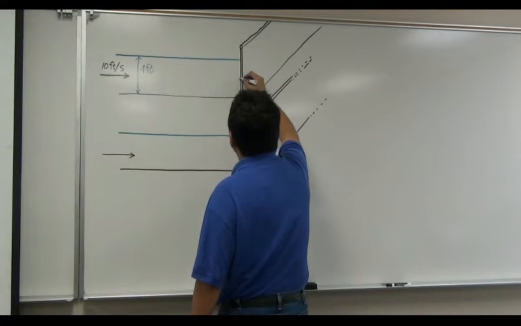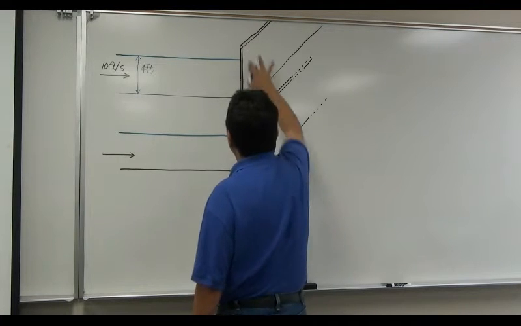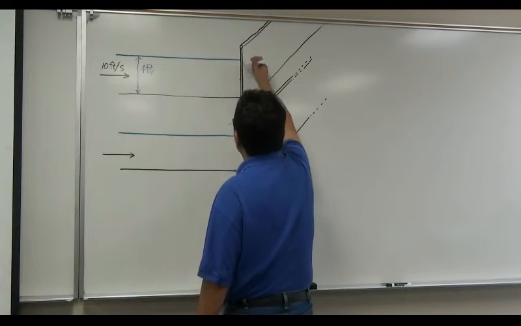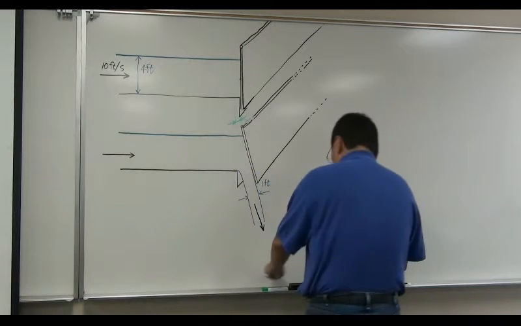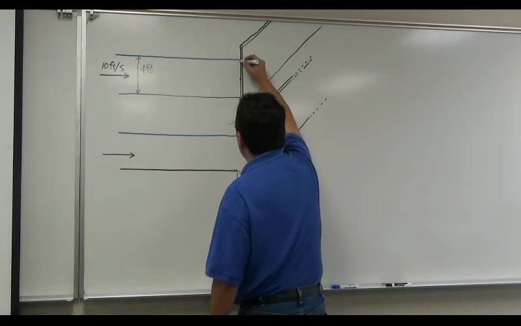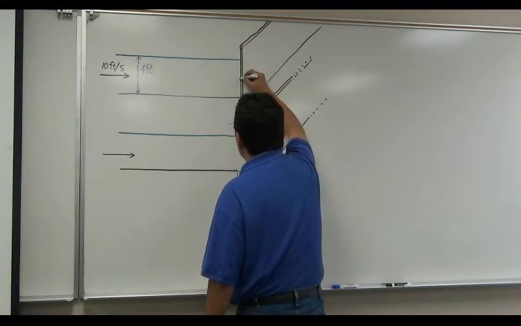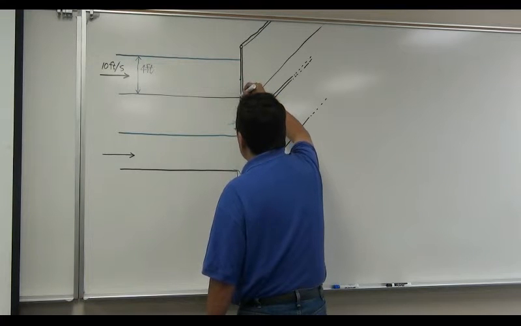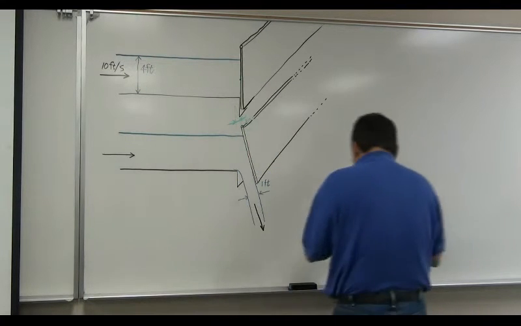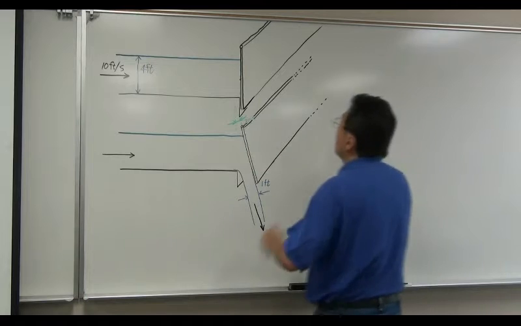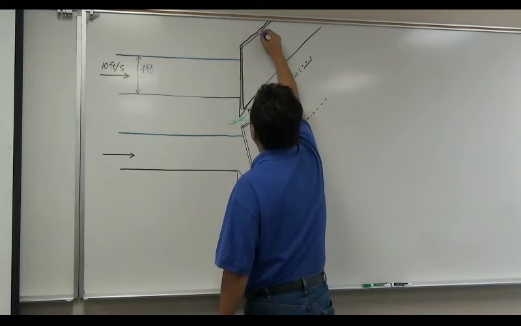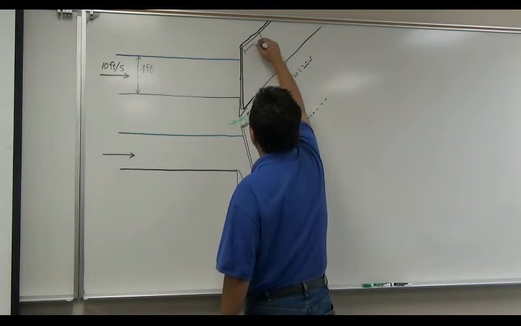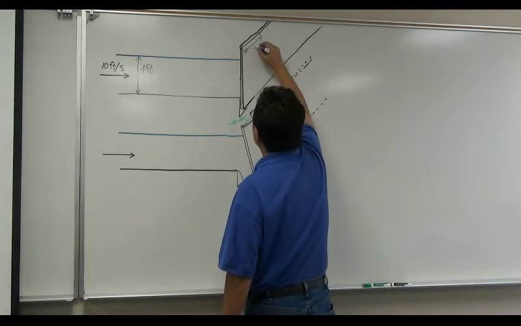So basically, this is the surface of this plate submerged under the water. So this is the surface submerged under the water. So let's consider a unit width. Unit width means 1 feet.